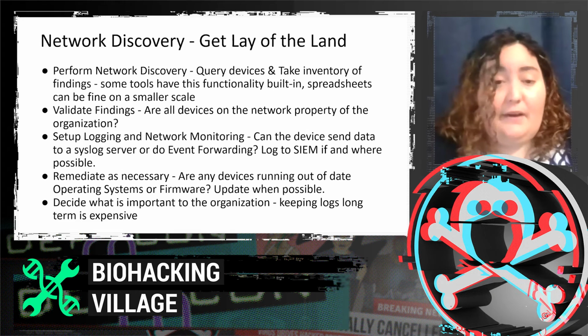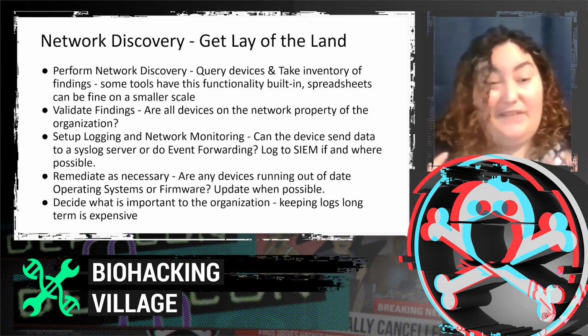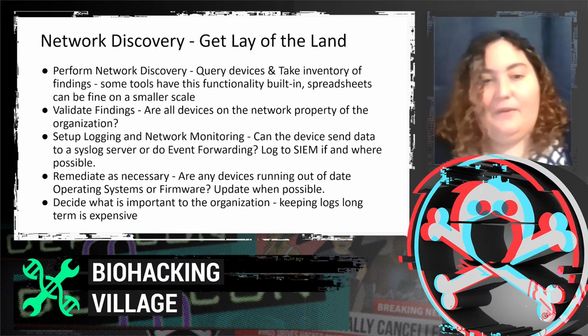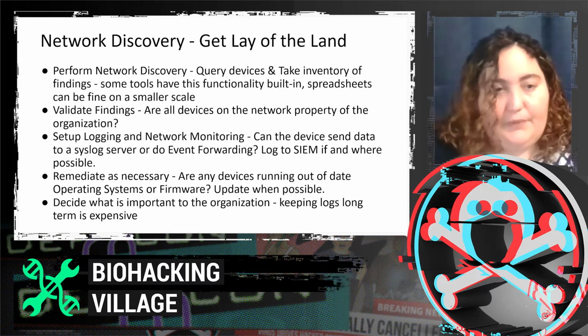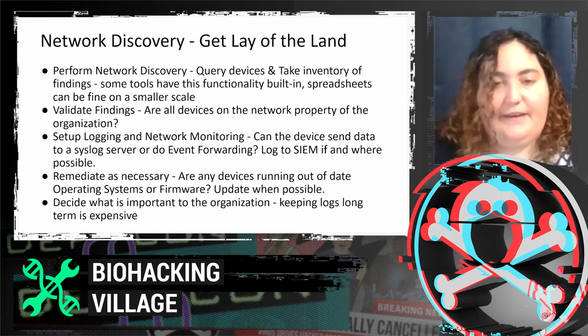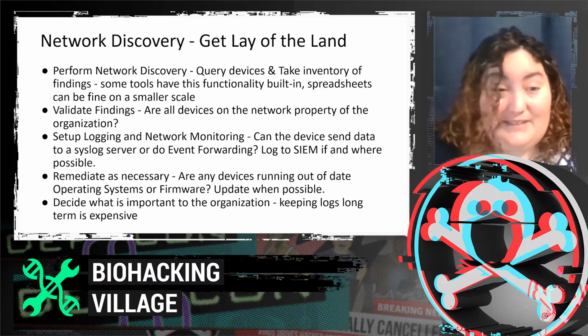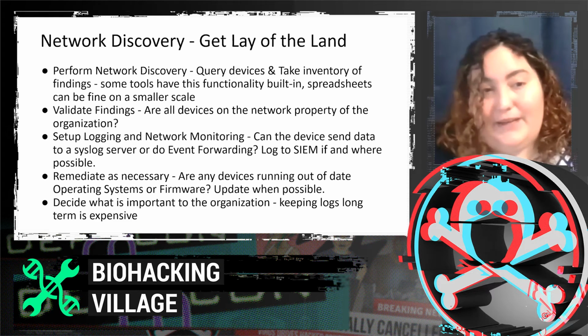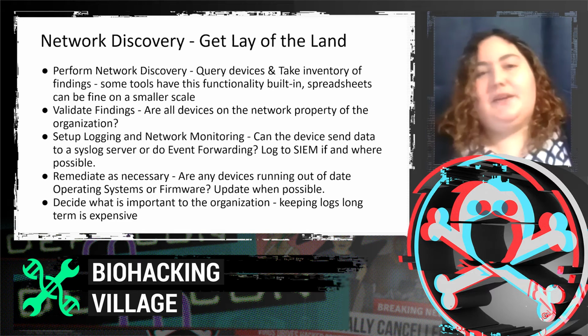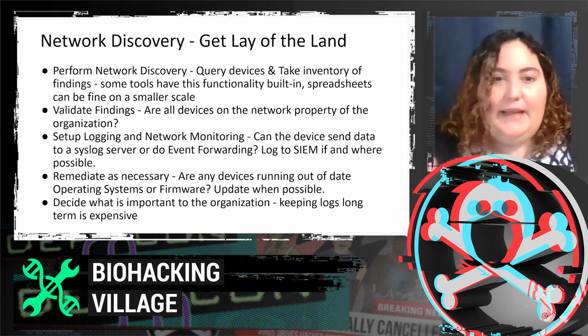Ultimately, you cannot protect what you don't know exists. And one strategy is to log as much as possible, get as detailed a lay of the land as possible. And then if you find a new device that isn't in your inventory, you're going to treat it as hostile. So you're really going to want to be as thorough with discovery as possible.